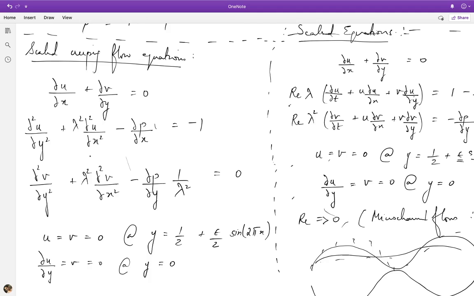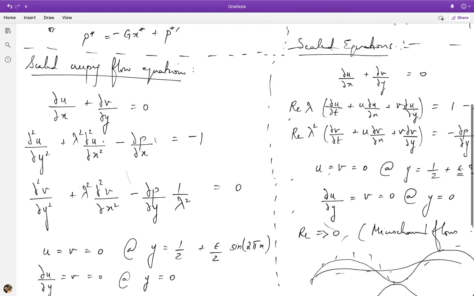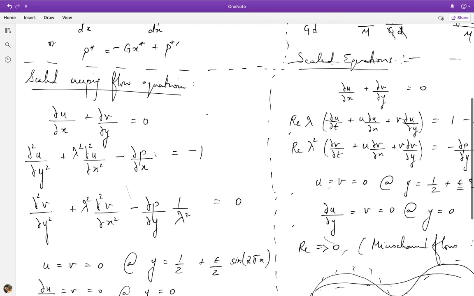And that would be guaranteed if epsilon is small, because you can see that if epsilon tends to 0, we basically tend to a boundary located at y equal to half, which would be flow between half and minus half, which would be flow between flat plates. So let's now approach the problem through domain perturbation. But first let me label these equations, which are the ones we're actually going to be solving, as 1a, 1b, and 1c.